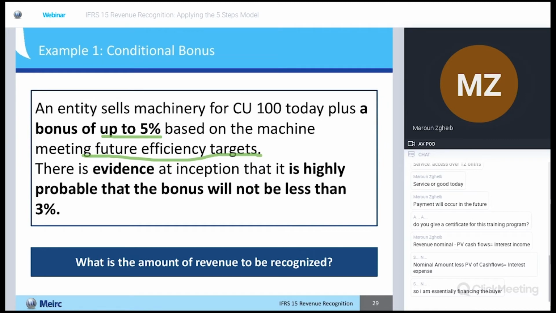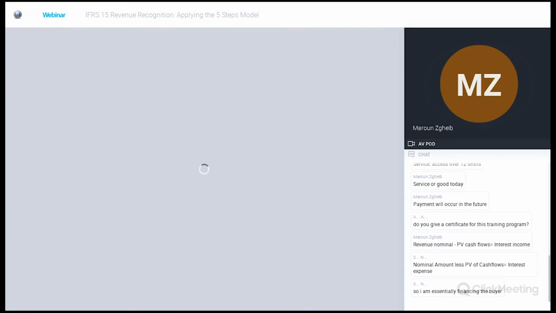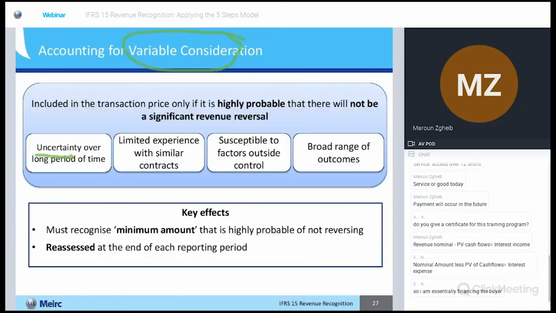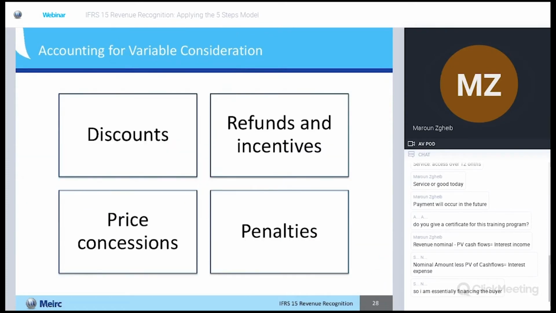Since we have a future efficiency target, this is an unknown. We have no certainty in this case, so variable consideration might apply. There is evidence at inception that it's highly probable that the bonus will not be less than 3%. If we go back to the terminology in the standard, it says you must recognize the minimum amount that's highly probable of not reversing.